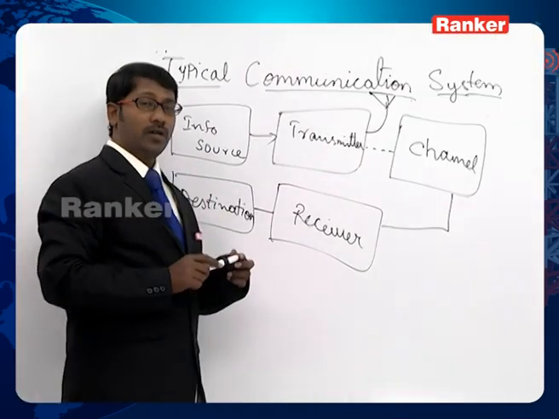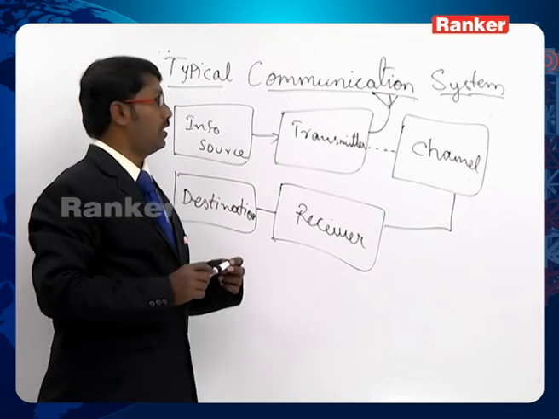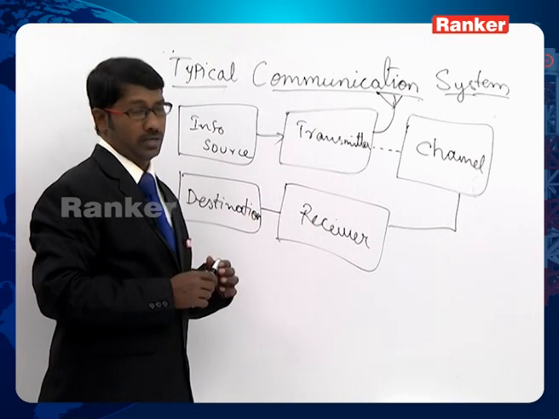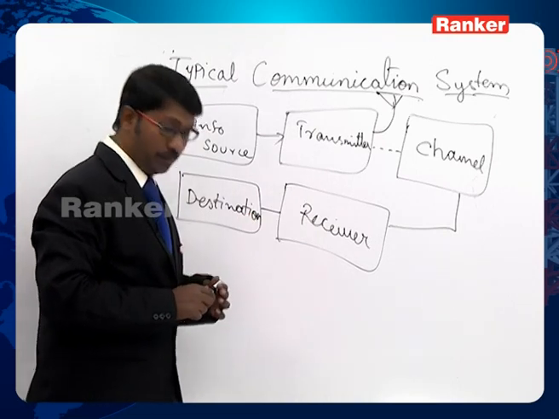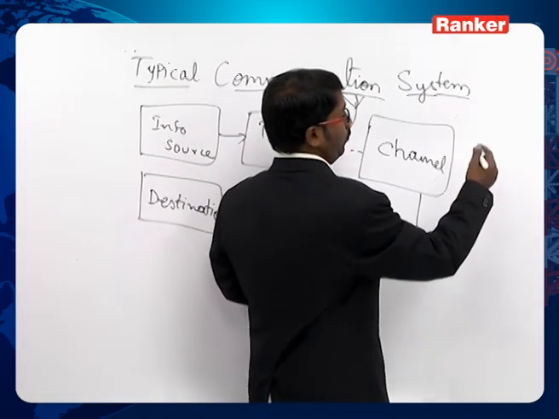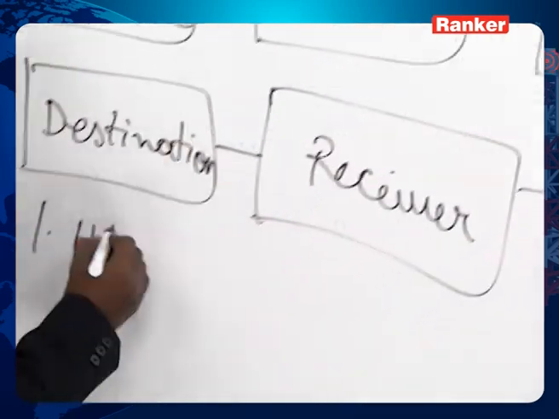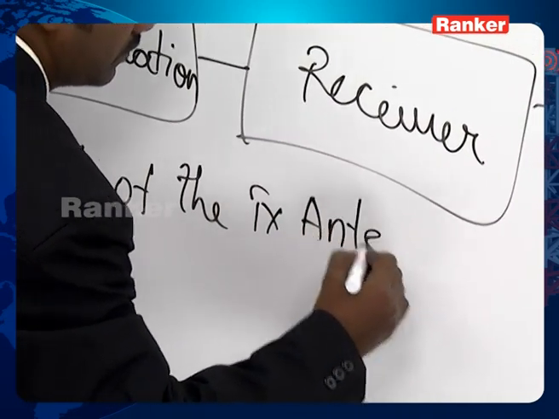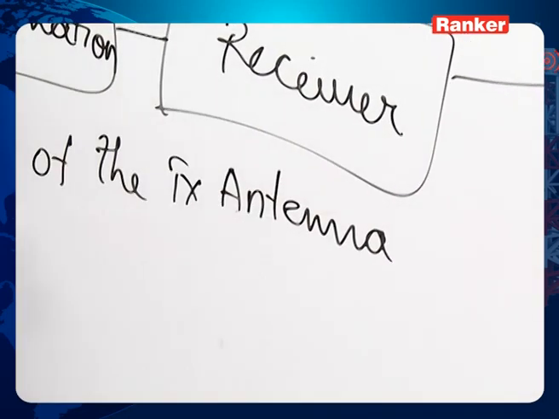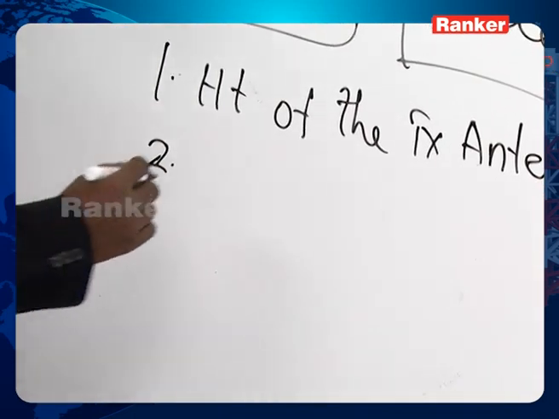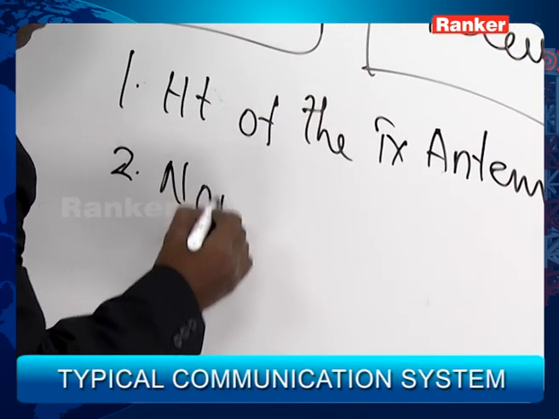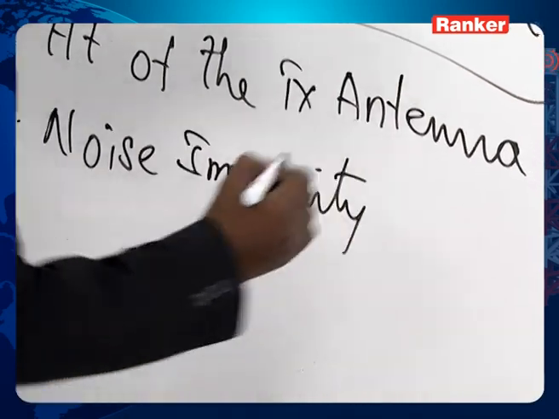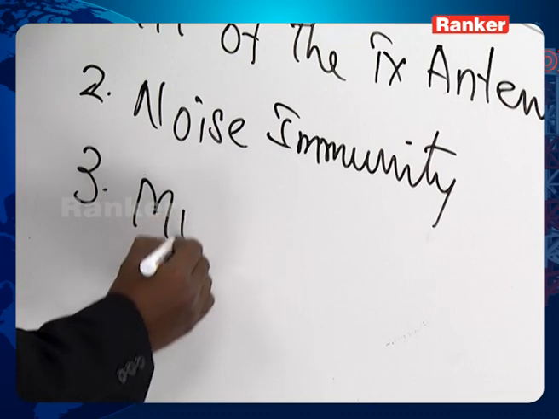As we were discussing the importance of modulation, why we require modulation, which is a very important part of all your communication systems. The first part, which we've already discussed in the other class, was the height of the transmitting antenna. The second parameter is going to be the noise immunity. The third one is going to be multiplexing.